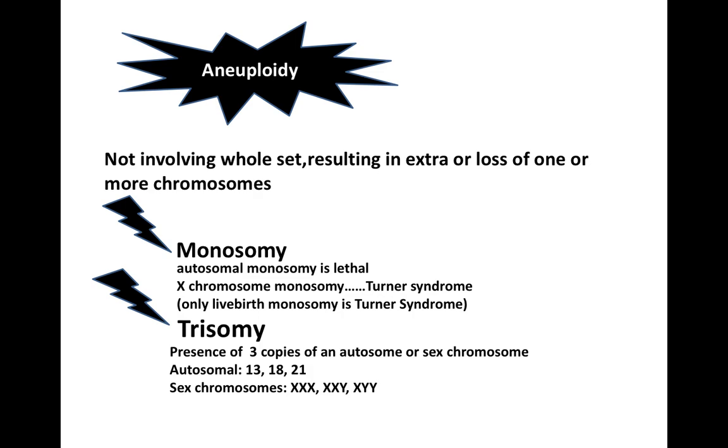And the smallest chromosome with the least number of genes is chromosome 21, and that's why the Down syndrome is the commonest type of numerical chromosomal abnormality that we can see living even to adult life, up to the age of 40 or 45. Down syndrome can survive.